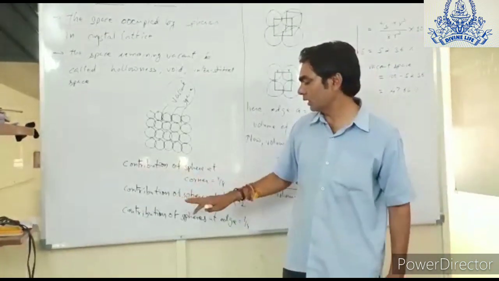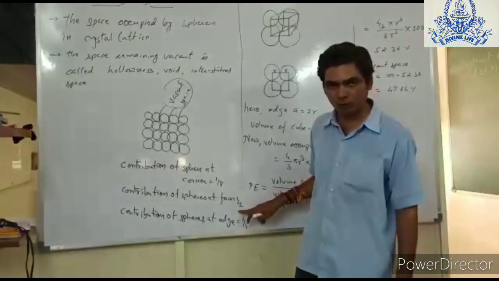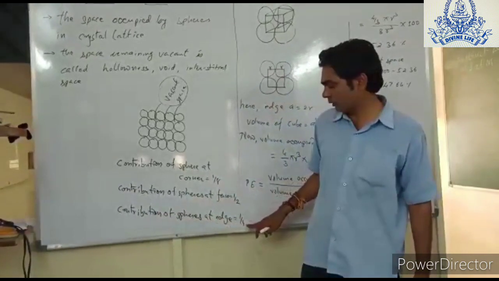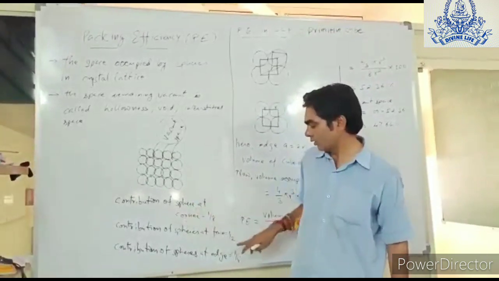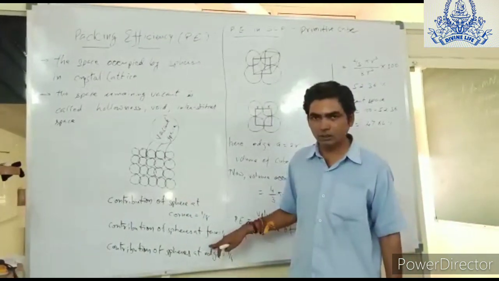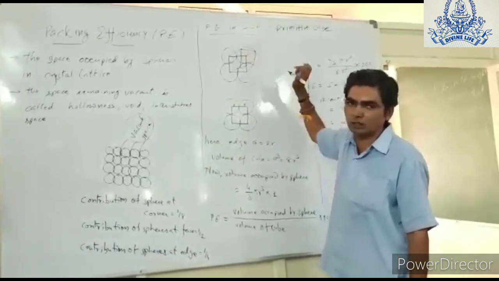If the atom is at a face, then the contribution will be 1/2. And the contribution of a sphere at an edge is 1/4. So this 1/8 at corner, 1/2 at face and 1/4 at edge is going to be considered when calculating the packing efficiency.